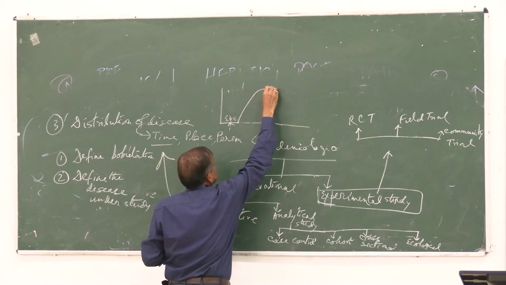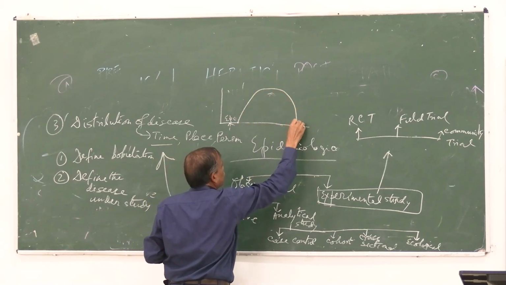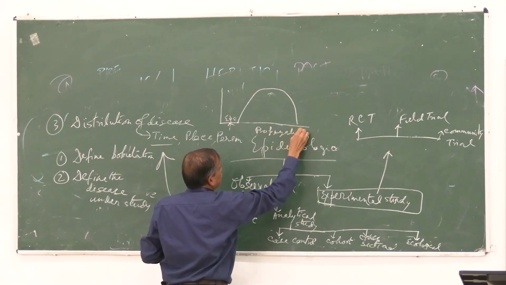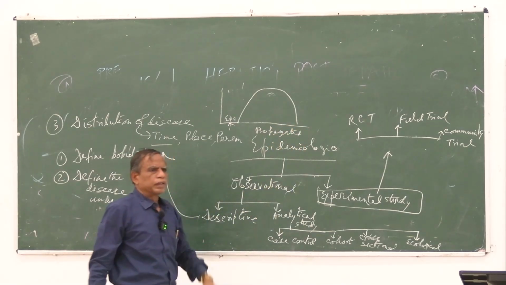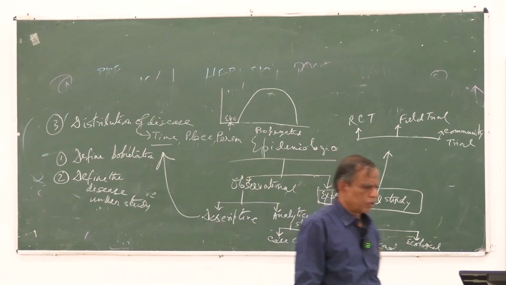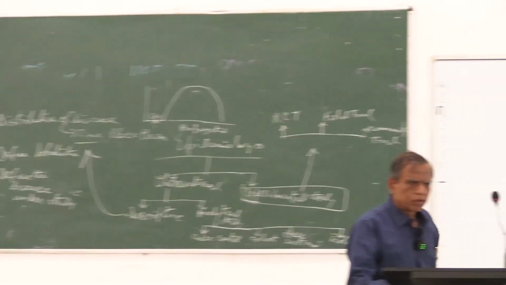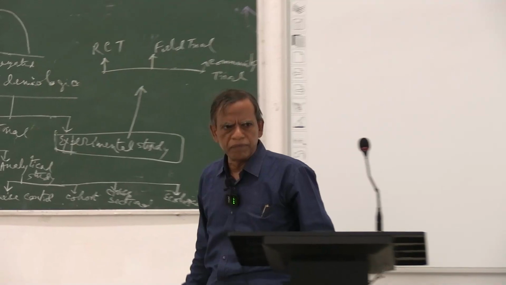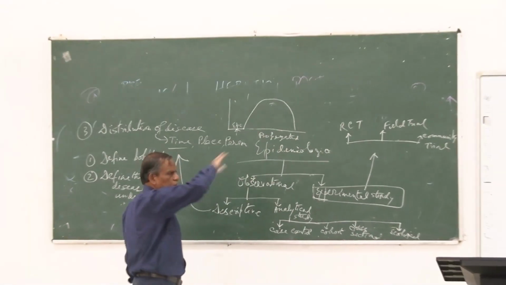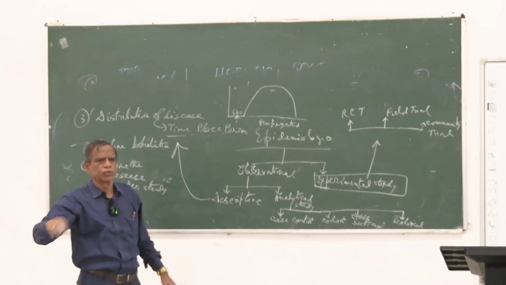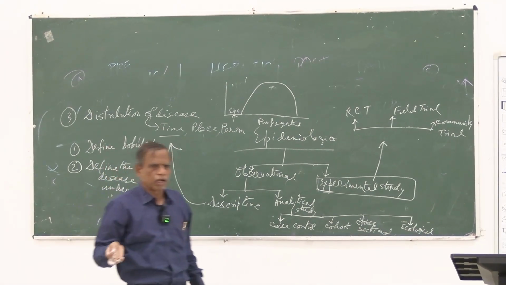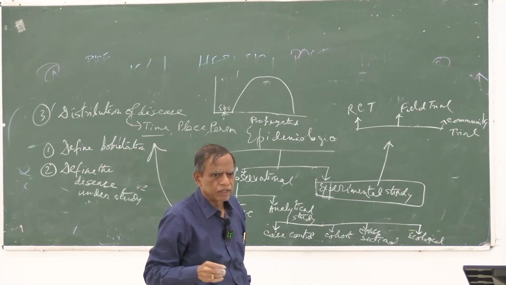Gradual rise and gradual fall, that is propagated epidemic. In case of measles infection or COVID infection, it is transmitted from person to person through airborne infection, through cough or sneezing.